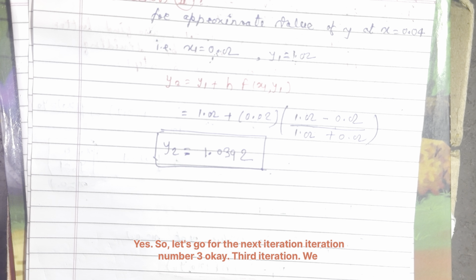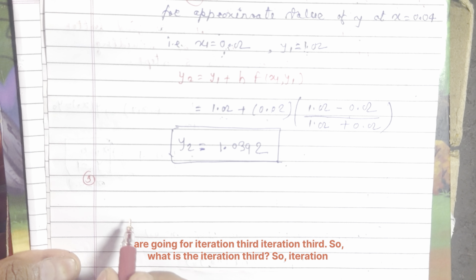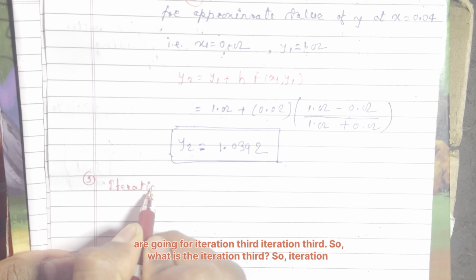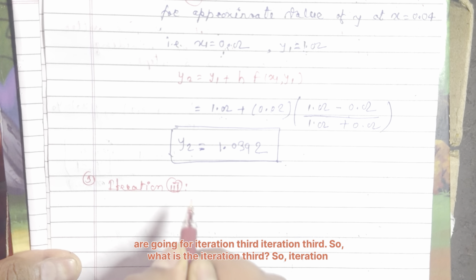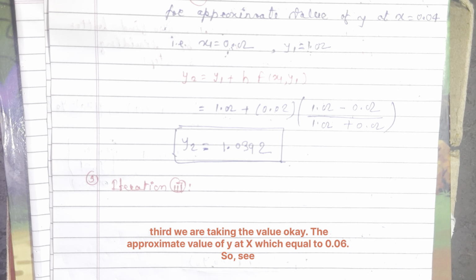So let's go for the next iteration, number 3, the third iteration. What is the third iteration? We are taking the approximate value of y at x equal to 0.06.